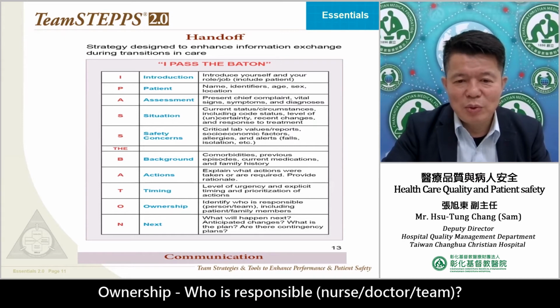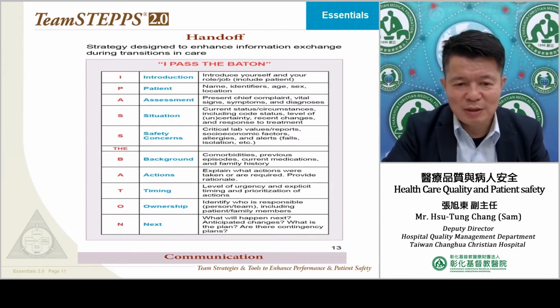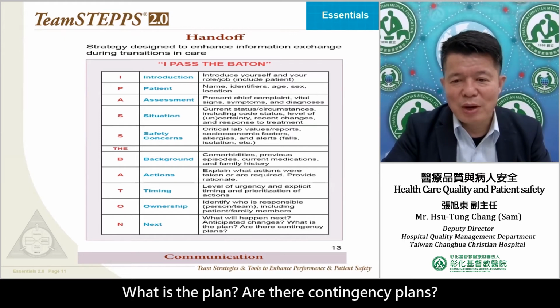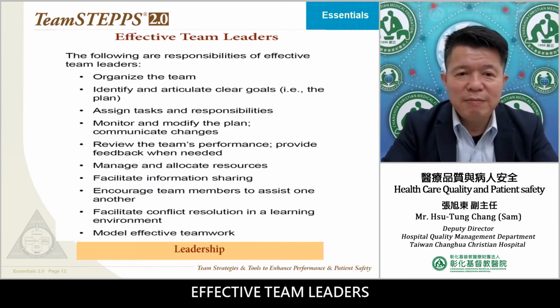Ownership: who is responsible, a nurse, doctor, or team, including patient and family responsibility. Next: what will happen next? Anticipated changes, what is the plan, and are there contingency plans?